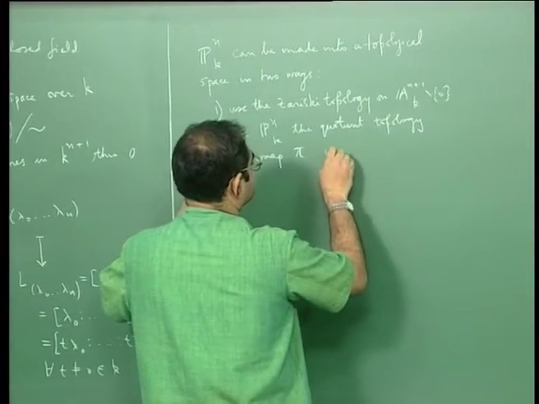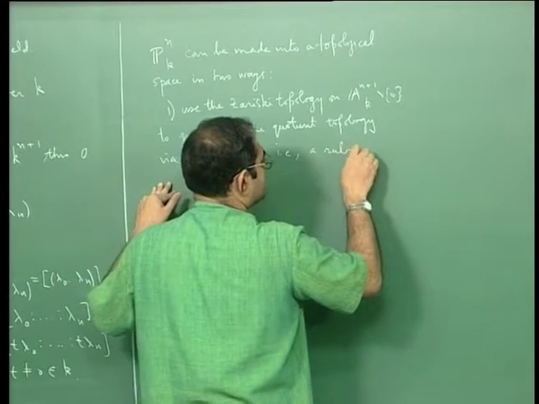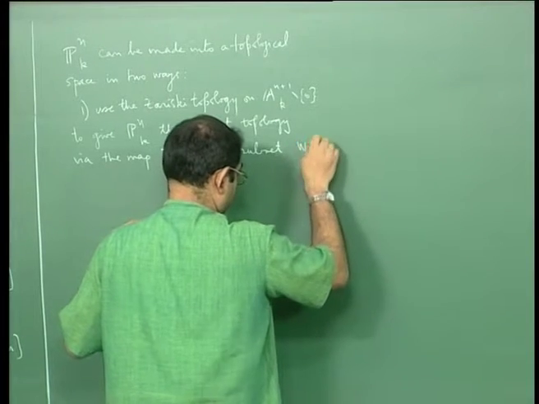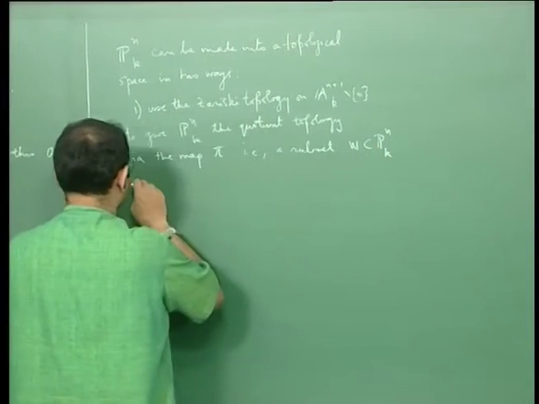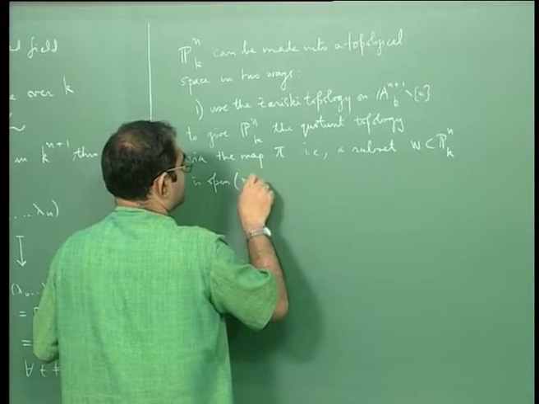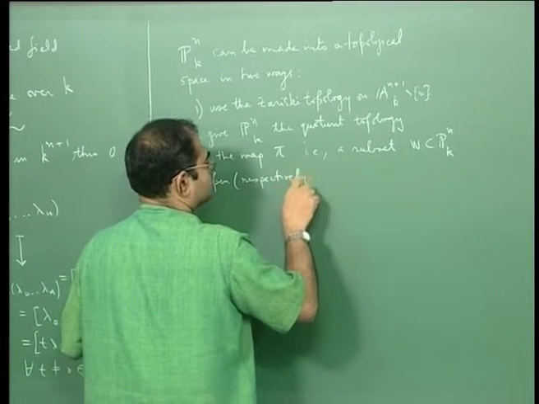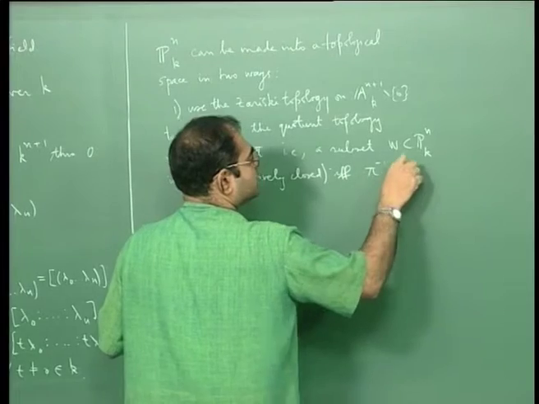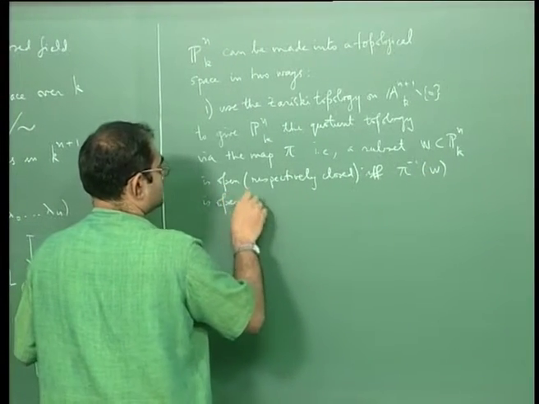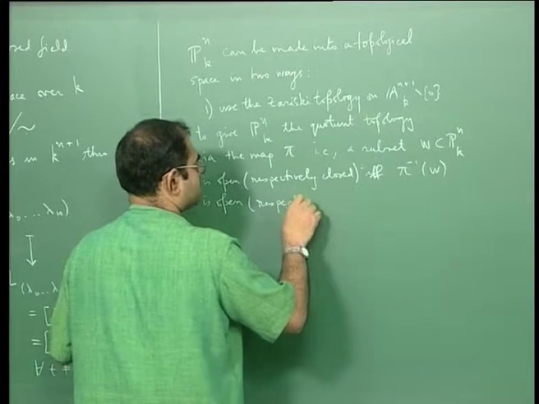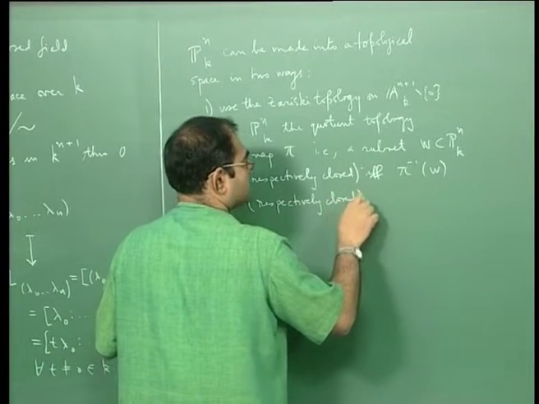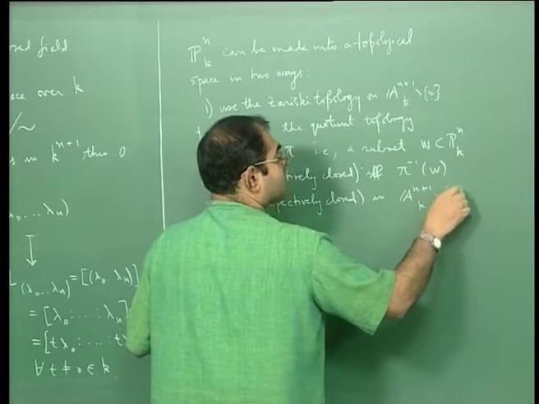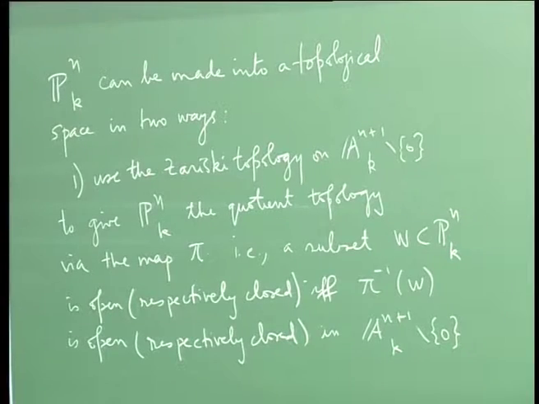And what is that? That is a subset W in Pn is open, respectively closed, if and only if pi inverse of W is open, respectively closed, in the space above, because in the space above, which is a punctured affine space, you know what closed or open means, okay.